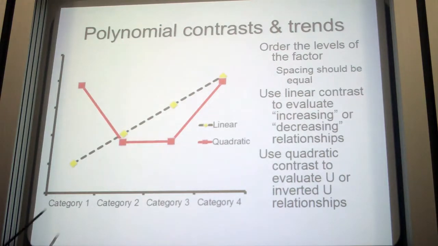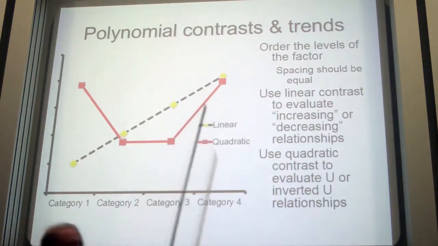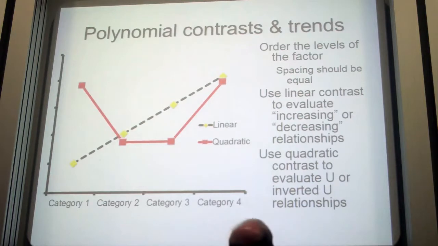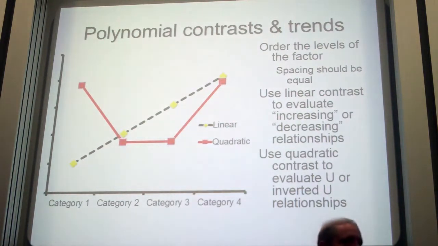Why? Because SPSS will automatically ask about and tell you about the linear trend. It will do the linear contrast between them, and if the linear contrast in the output is significant, then you can say that the values increased as dosage increased, or if the graph goes the other way, the values decreased as the dosage increased.